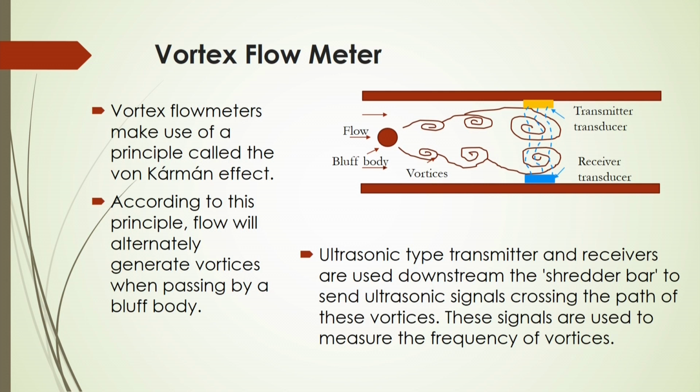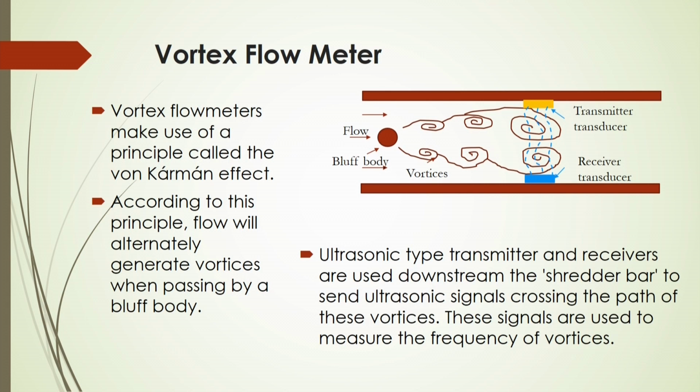Karman proposed an equation for how many vortices will be formed, and it depends on the flow rate and also the cross-sectional area of the bluff body.